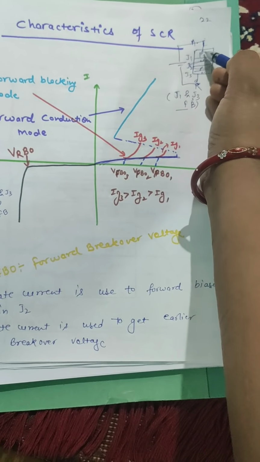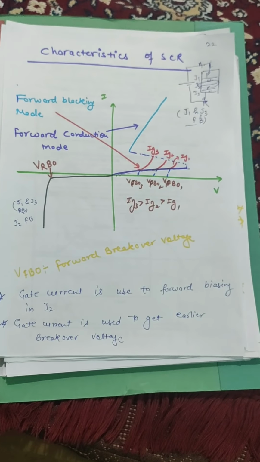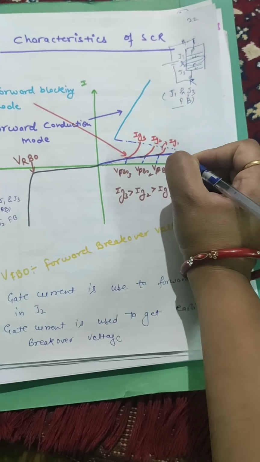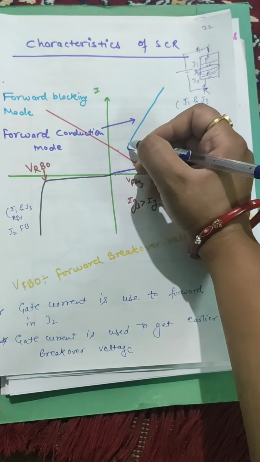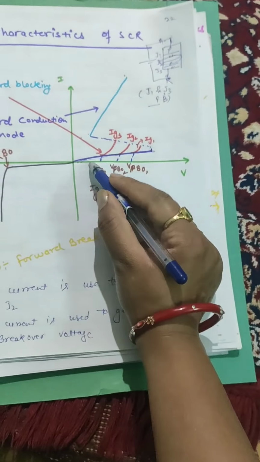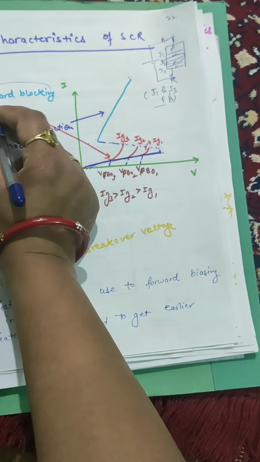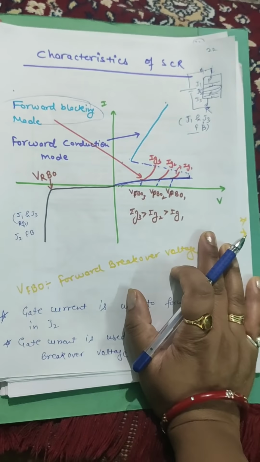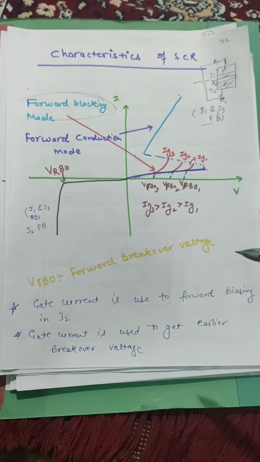After the breakdown, voltage starts to decrease and current suddenly increases from anode to cathode. Before this, when only leakage current flows from anode to cathode, it is called forward blocking mode.